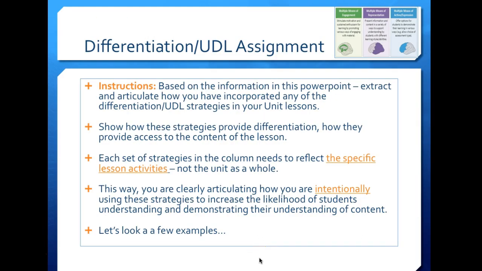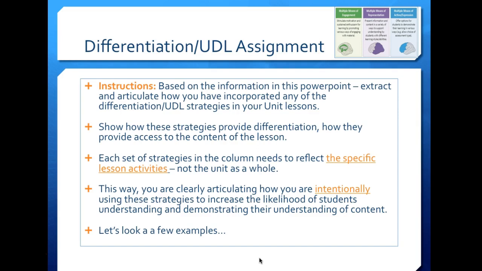So now let's look at the actual instructions for the differentiation UDL assignment. Based on the information in this PowerPoint that you've just looked through, extract and articulate how you have incorporated any of the differentiation and UDL strategies in your unit lessons. Show how these strategies provide differentiation, how they provide access to the content of the lesson, not the unit, but the lesson.